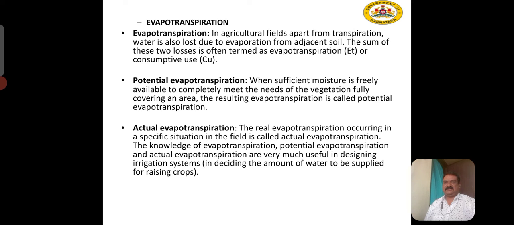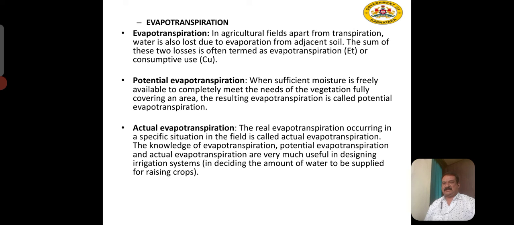The sum of these two losses is often termed as evapotranspiration. That means in the agricultural field, apart from the water bodies, evaporation occurs from adjacent soil also. So the sum of these two losses is often termed as evapotranspiration.